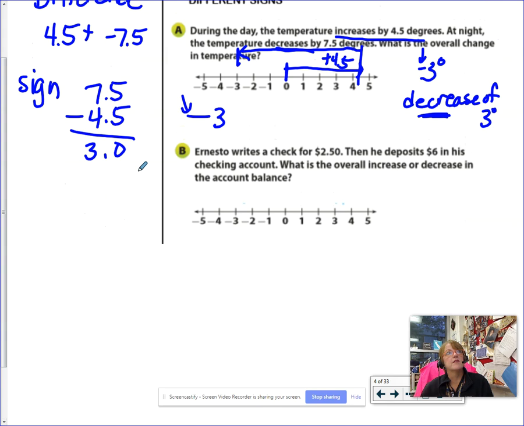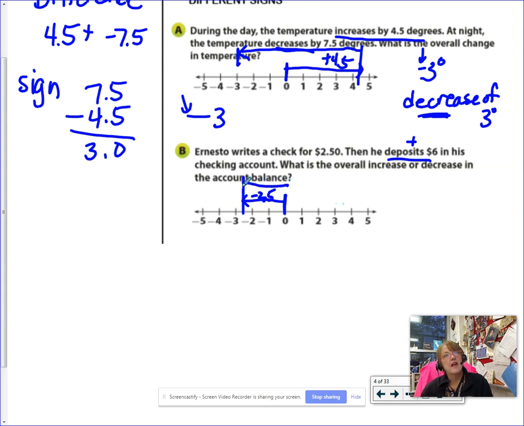Different signs, difference. Ernesto writes a check for $2.50. That's a subtraction. That's going backwards 2.5 right there. Then he deposits. That means he's adding. So here we went backwards 2.5, and then we're going to add 6.